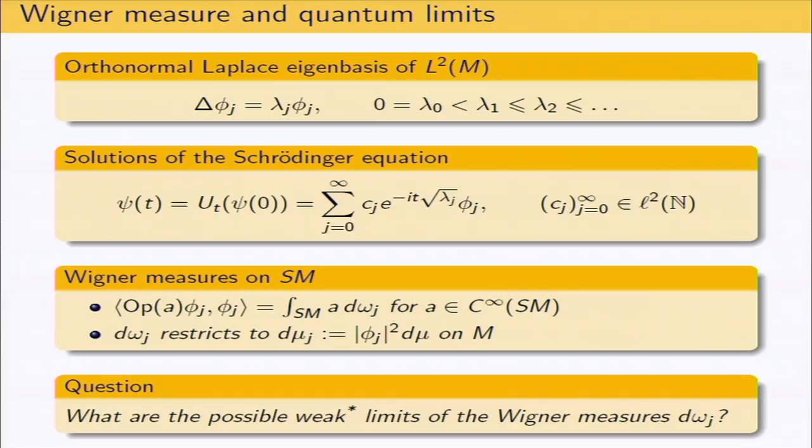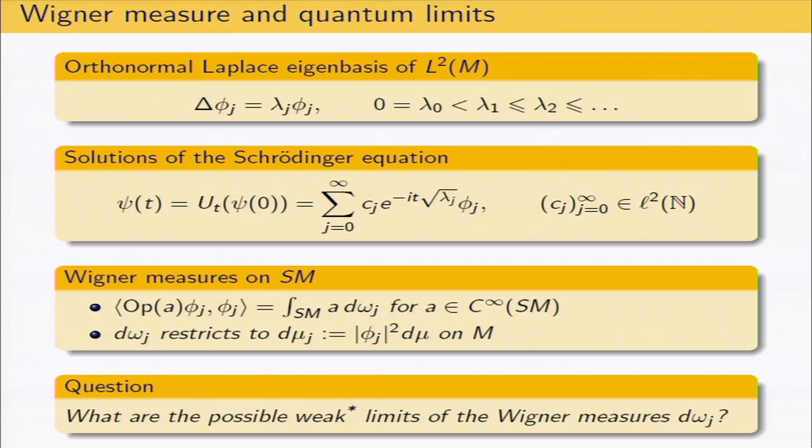And as I explained, in the case when A only depends on the underlying manifold M, op A is just multiplication by the function A. The scalar product is nothing but the integral of A times phi j times the complex conjugate of phi j. That is to say, on M, these Wigner measures restrict to the more familiar probability densities associated with the Laplace eigenfunctions.